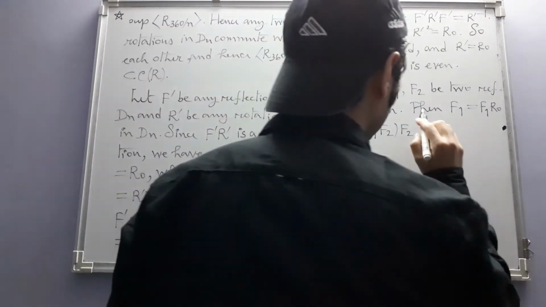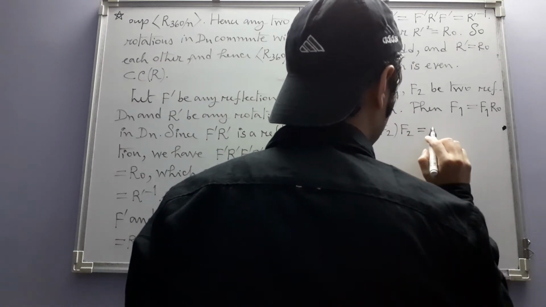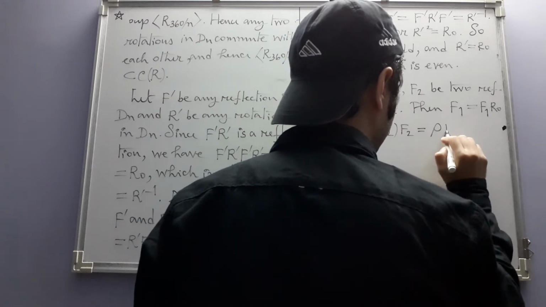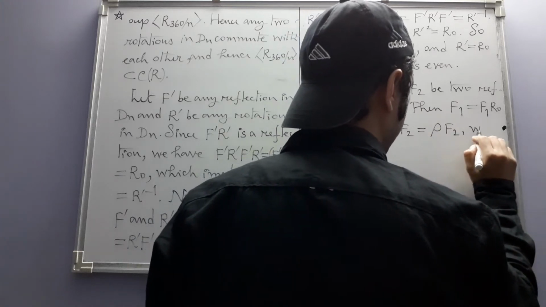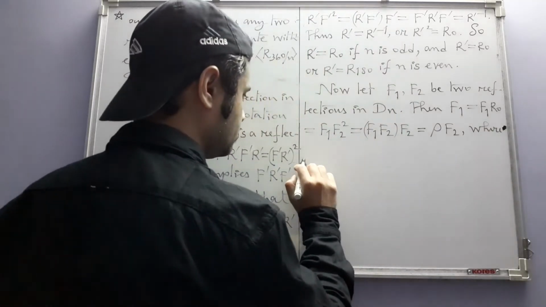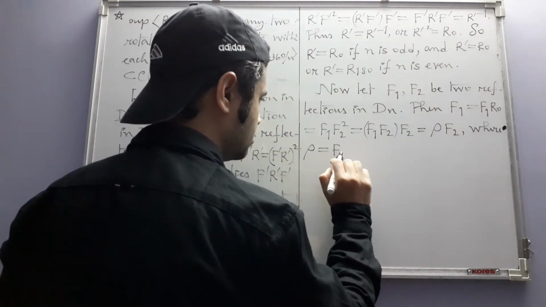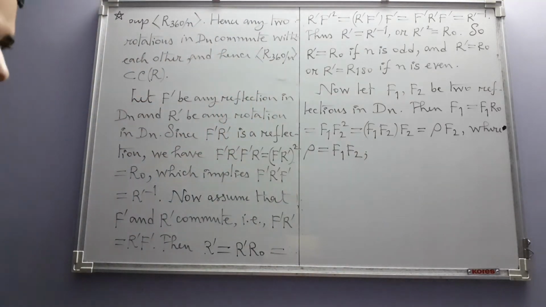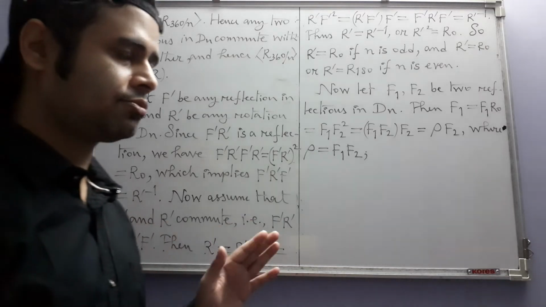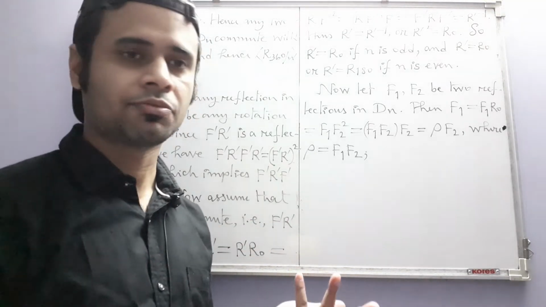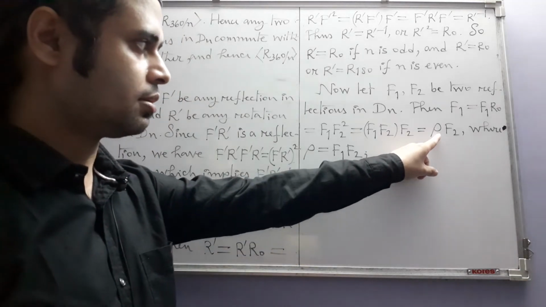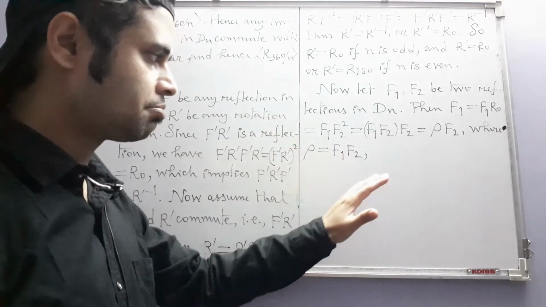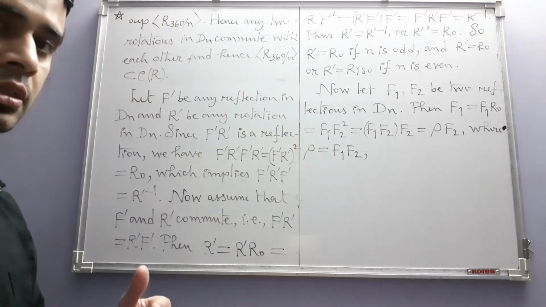Okay, and that is equal to, say, rho times F2, where rho is F1 F2. So we have expressed the reflection F1 in terms of the reflection F2, where this another element rho has appeared. Note that rho is a product of two reflections, so rho is itself a rotation.